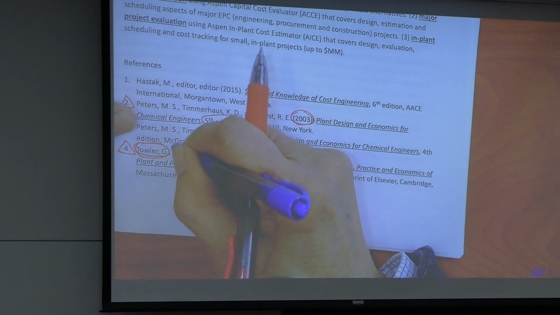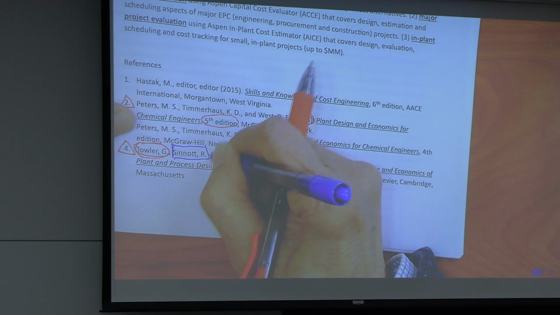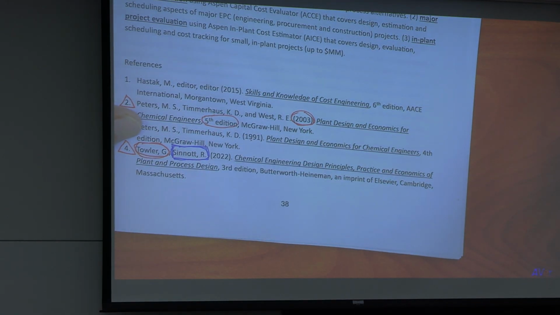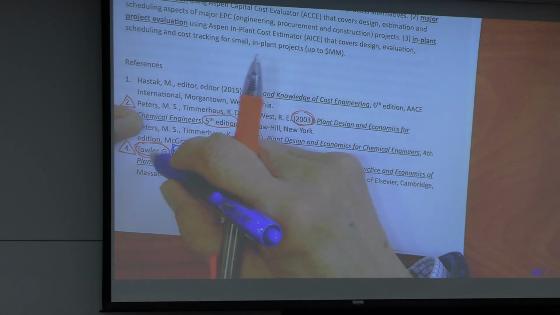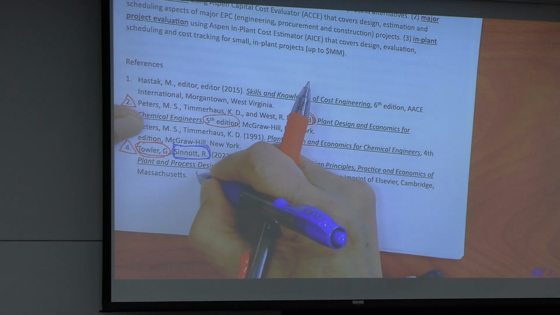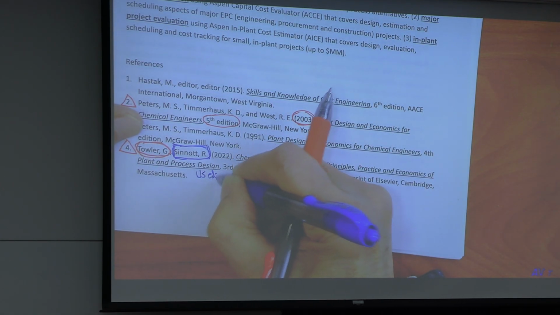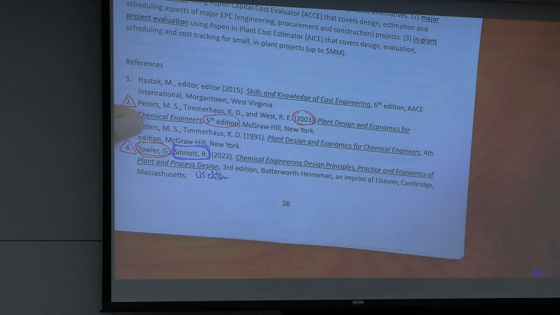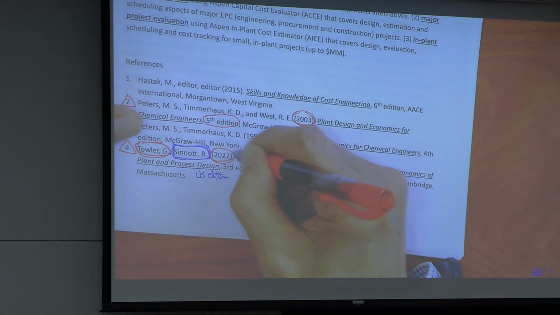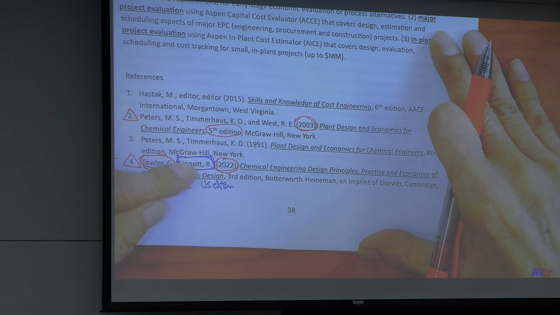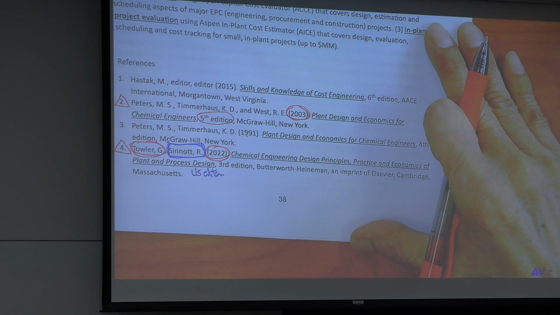Sununu, he had the paper edition published in UK. I changed some content, put his name first. Make sure you publish in the US edition. Now, they claim to be the latest book, but in this book, there's no use for cost correlation for process equipment. None.